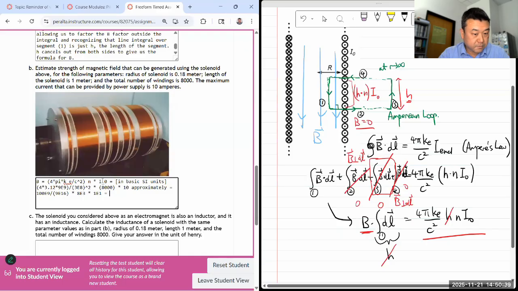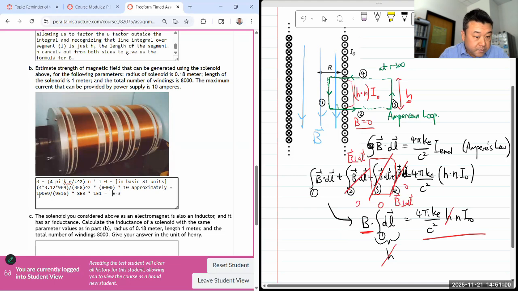Let me do all the powers of 10. So it's 9 minus 16 plus 3 plus 1. So 9 plus 1 is 10, 13, minus 16, minus 3.